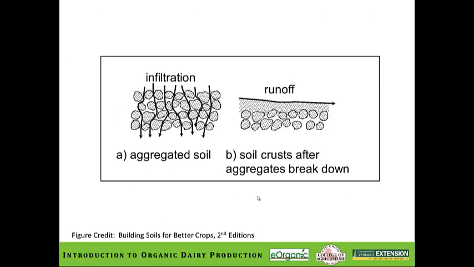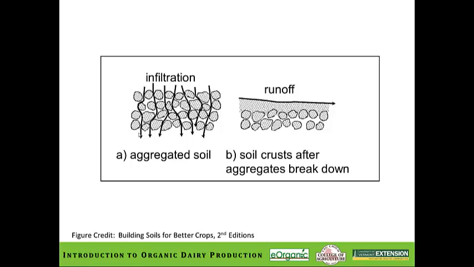All right, so here's another picture of aggregated soil, and you can see when you get a rain, aggregated soil, they're not piled tightly on top of each other, so it allows for rain infiltration down and drainage down through the soil profile.